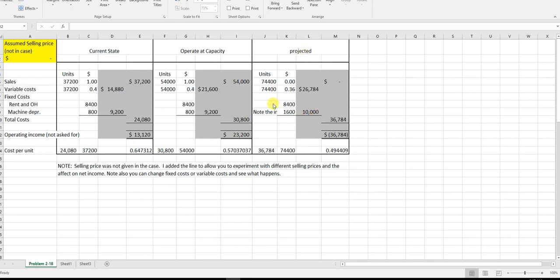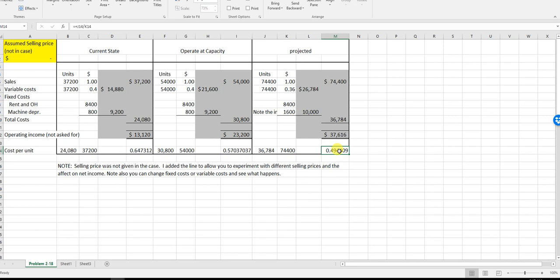Okay, so if I double my sales from 37.2 to 74.4, let's say my selling price is again $1. My variable costs are 36 cents. I have the same rent and overhead. I have 2 machines, so I have twice the depreciation. And look what happens to your cost per unit.